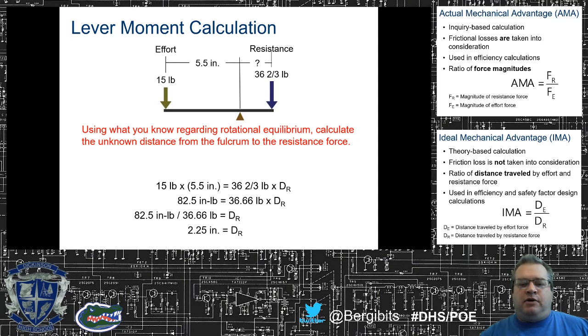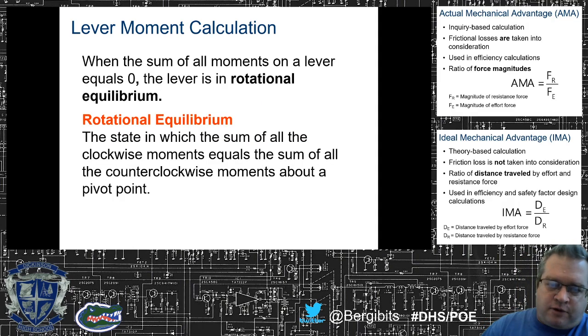So we added a value onto the resistance side of the lever, 36 2/3 pounds. So now, looking at the definition before, we want to make rotational equilibrium.